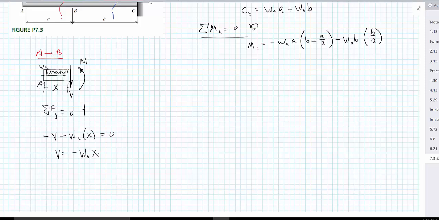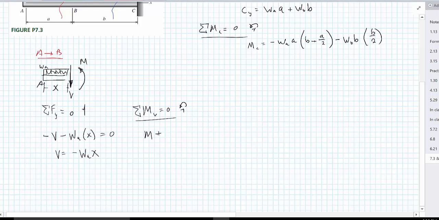So then we'll build a moment. We'll sum our moments at the shear point equaling 0, identify a positive. In our sum of the moments, we're going to have a positive moment, because M is going in a positive direction. And then our distributive load is also forcing it to go in a positive direction.